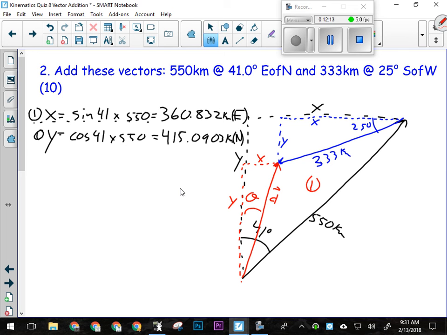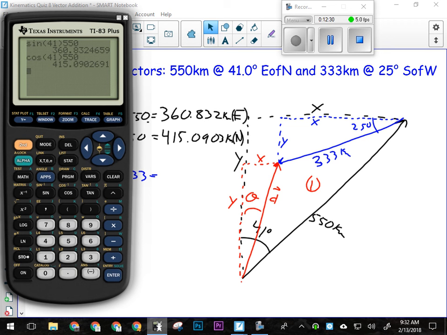Then I need to do the same thing for the blue triangle. So blue x is the adjacent side, so cos of 25 times 333. 1 mark for that. Rather than kind of laugh at the mistakes you made, maybe pay attention to the solutions.